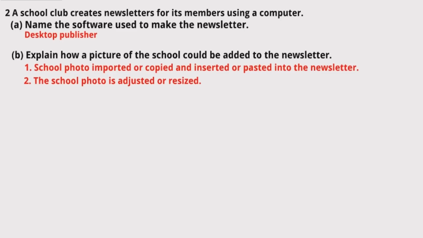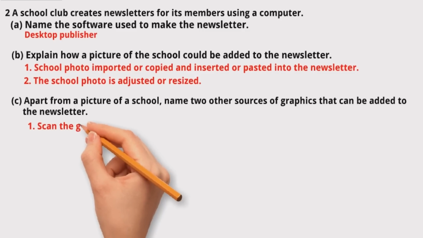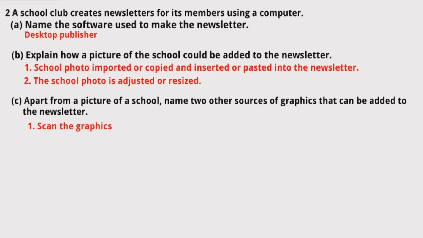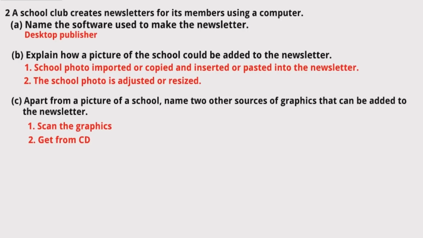We come to question 2C, which is: apart from a picture of a school, name two other sources of graphics that can be added to the newsletter. When you want to add graphics there, where can you get them? You can get them from graphs, you copy and then paste. You can also get them from the CD, I'm sure you know the discs.